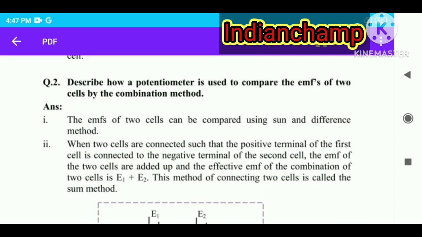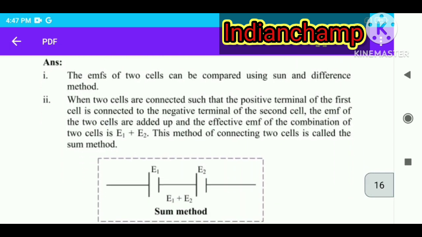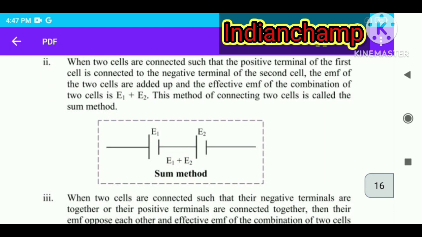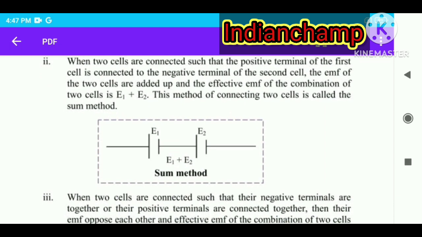Second, when two cells are connected such that the positive terminal of the first cell is connected to the negative terminal of the second cell, the EMFs of the cells are added up and the effective EMF of the combination of the two cells is E1 plus E2. This method of connecting two cells is called the sum method. Sum method: E1 plus E2.